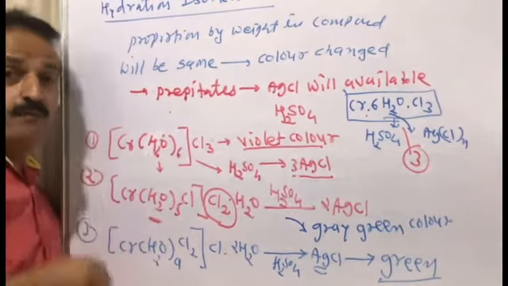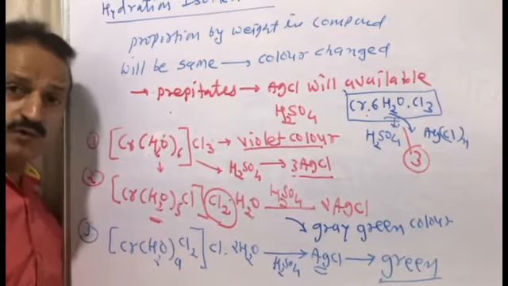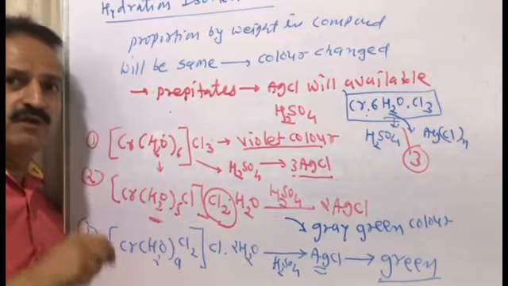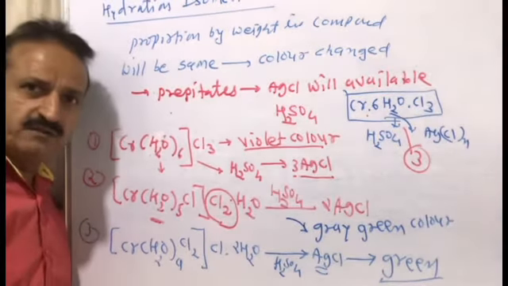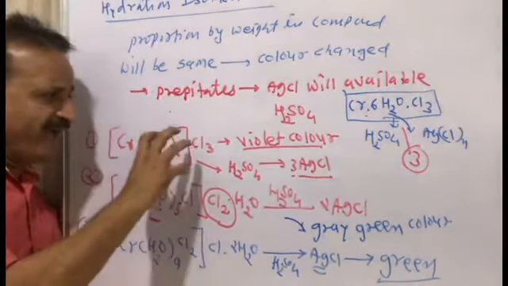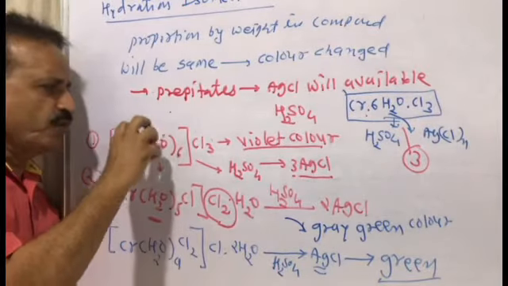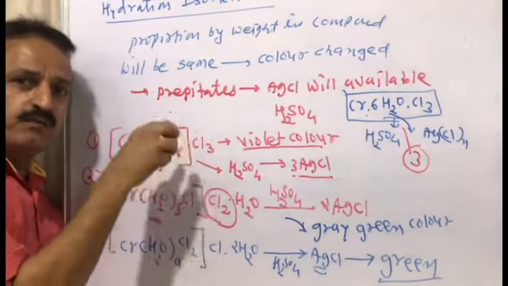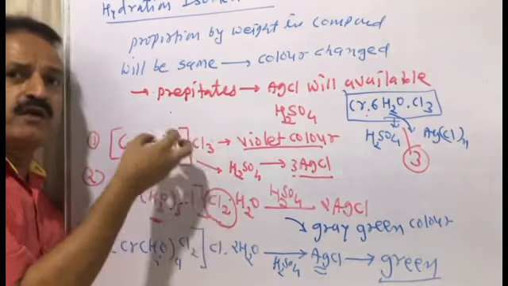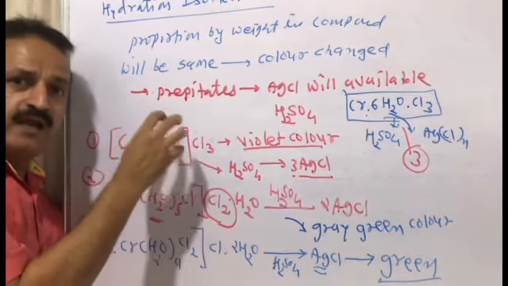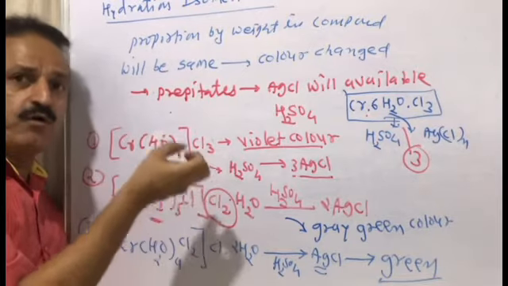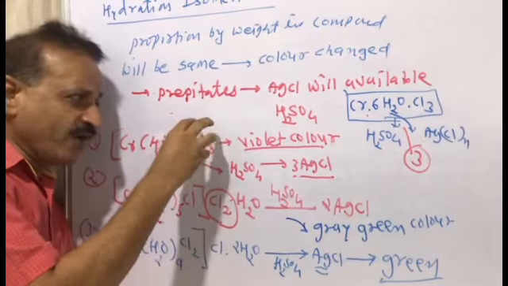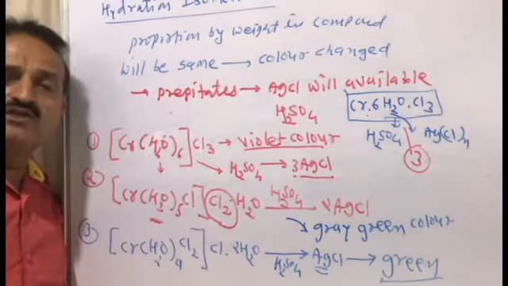When it is poured into H2SO4 solution, silver is already present in the solution. If a water molecule is released, then a chloride ion will convert into ligand, and we are having precipitates of AgCl related to how many chloride ions are outside the square bracket.